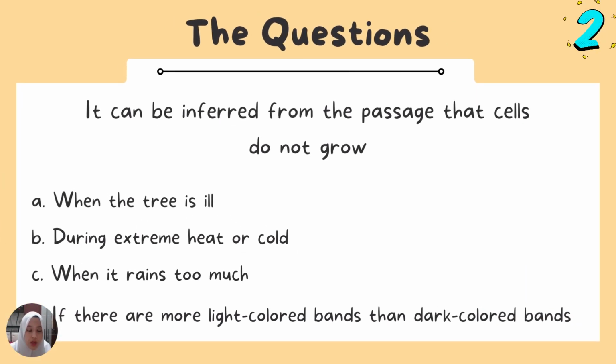Question number 2, it can be inferred from the passage that cells do not grow, for the options, when the tree is ill, during extreme heat or cold, when it rains too much, and when there are more light colored bands and dark colored bands.